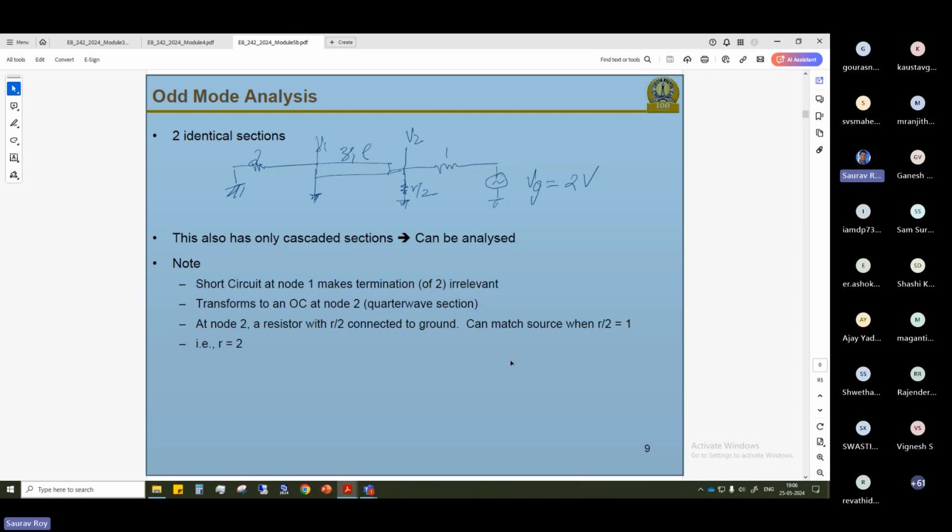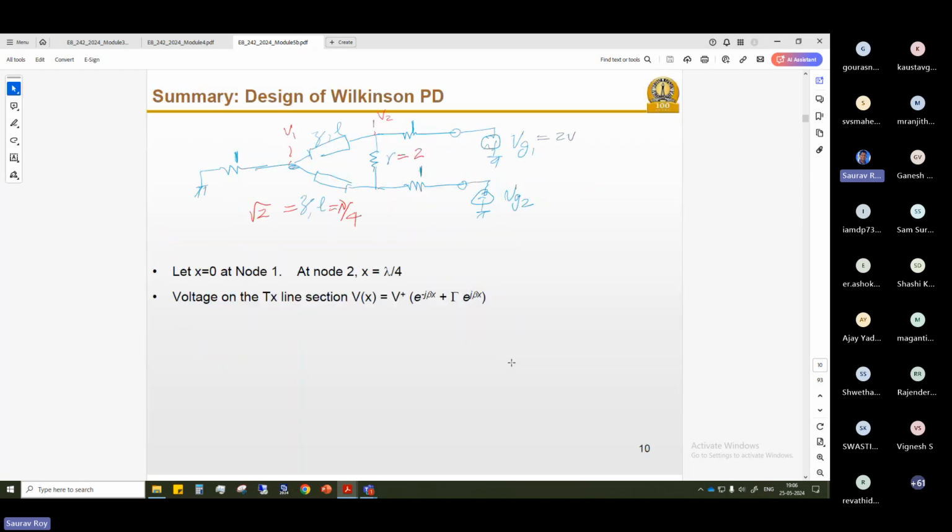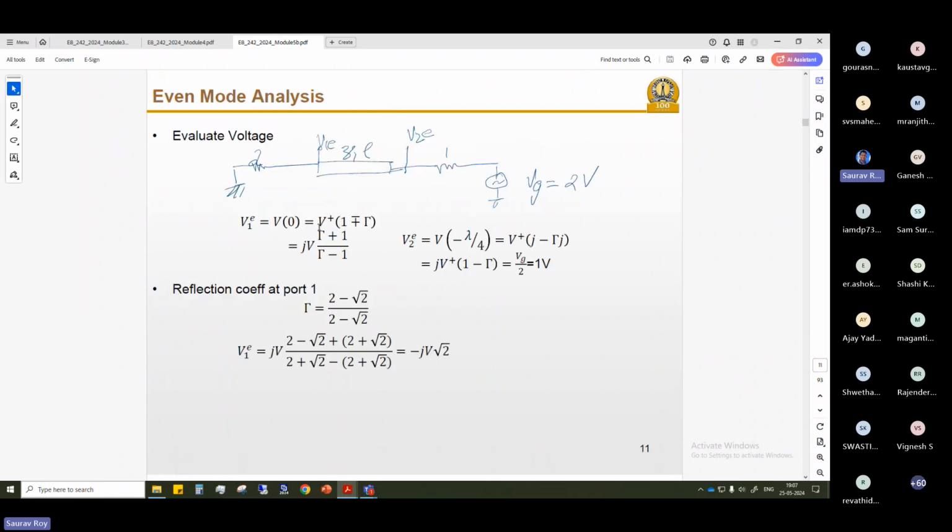Not only that, you can go even further and calculate the S parameter itself. That I will leave to you, because it requires much more transmission line theory. So you can basically take voltage of e to the power minus j beta x and e to the power j beta x. Then you can very simply calculate what should be the voltage at port 1 and port 2, for even mode and odd mode.